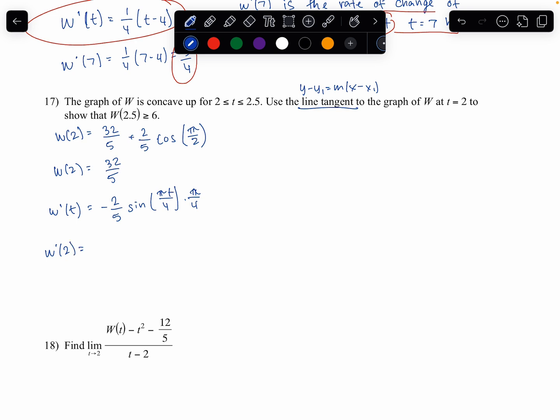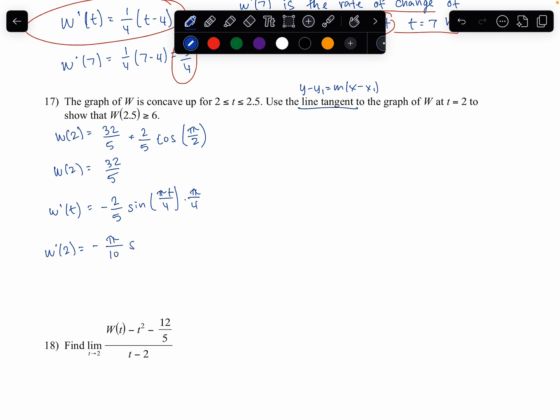I'll simplify whenever I plug in 2. To find the slope, I have this negative 2 fifths being multiplied by pi over 4. When I multiply these together, the 2 over 4 simplifies because 2 fourths is 1/2, so the constant becomes negative pi over 10.